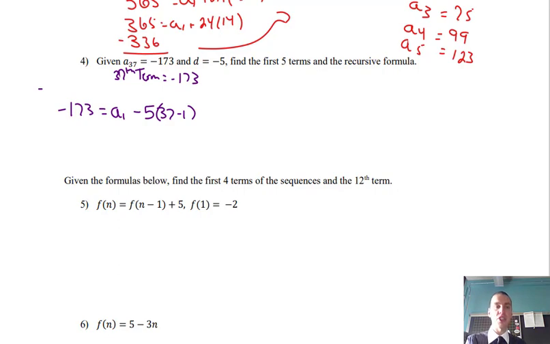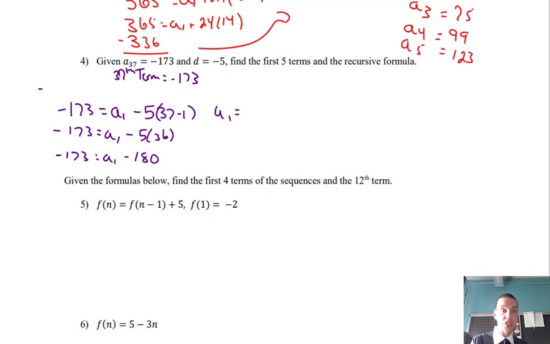You have this equation at the top of your paper. We're going to get -173 equals a1 minus 5 times 36. -173 equals a1 minus 180, and we should get a1 to equal 7.